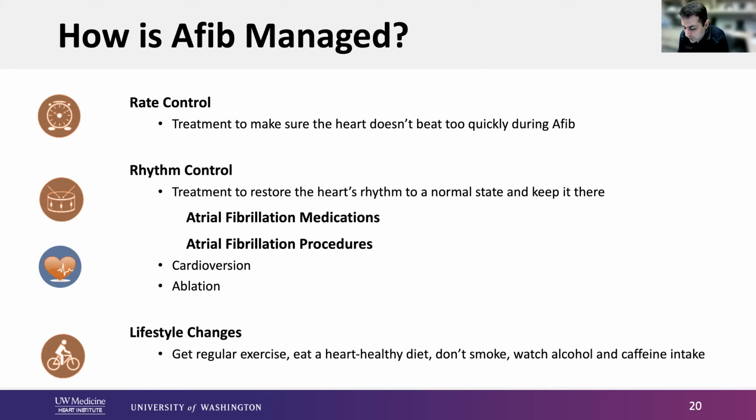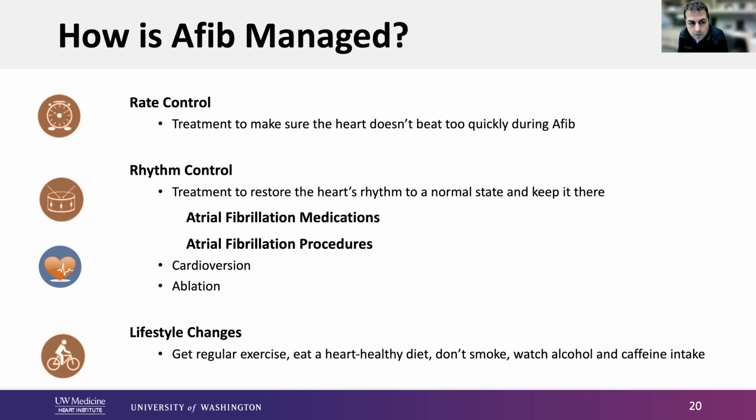Rhythm control, on the other hand, is when you're actually trying to fix the rhythm. So we are now thinking about, okay, what are our options to get rid of this AFib and bring back the normal rhythm, the normal way that the heart is supposed to work.